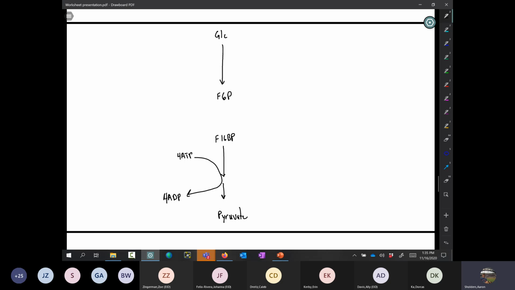Okay, on the opposite side of this, let's use different colors here. You would have gluconeogenesis. Okay, starting at pyruvate going up. And really again it starts at amino acids or lactate. Okay, but in any case, this is going to require ATP to do this.